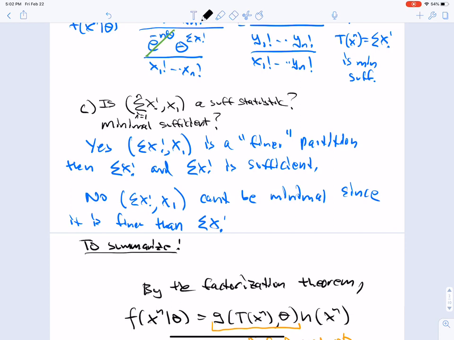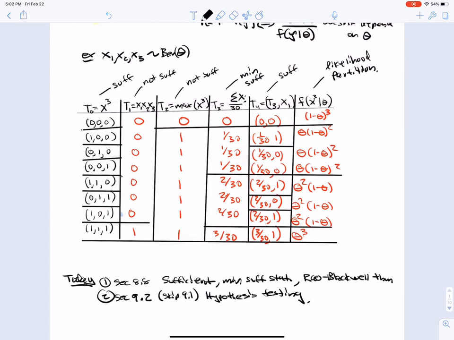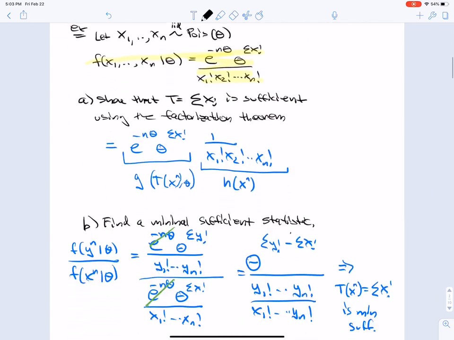And being a finer partition means that it's still a sufficient statistic. You can see an example of this here. If you look at T4 compared to T3, T4 just has one more component, and it's a finer partition than T3, and hence a finer partition than the likelihood partition, hence it's sufficient.